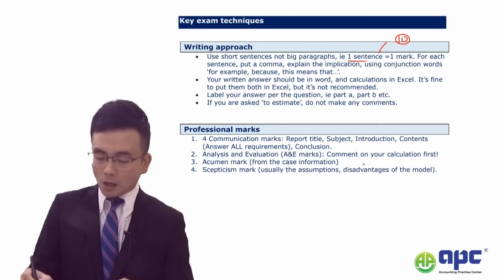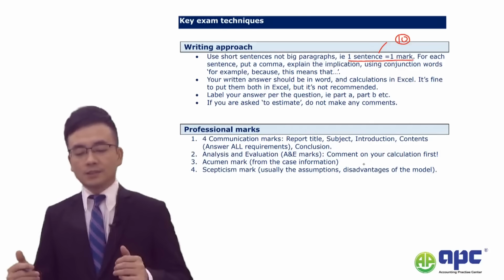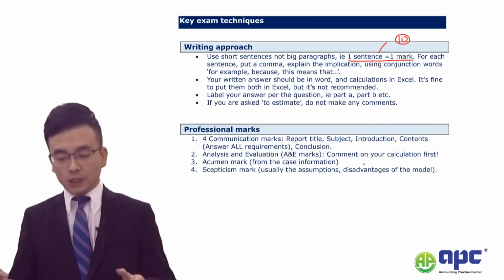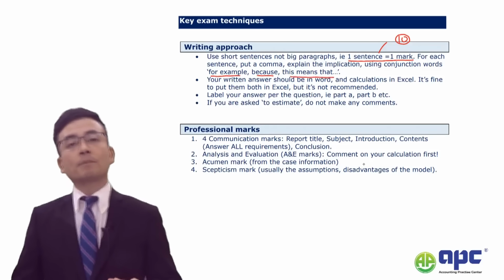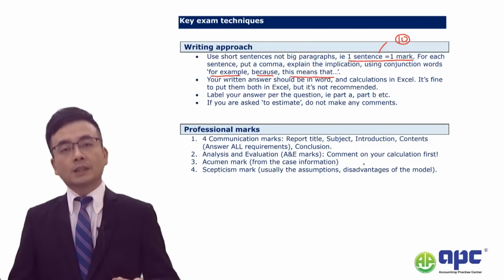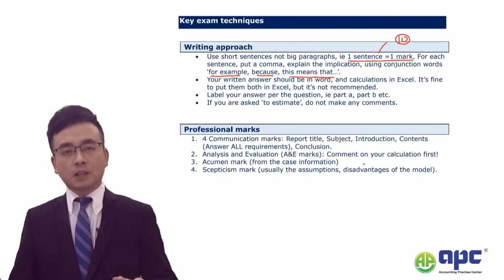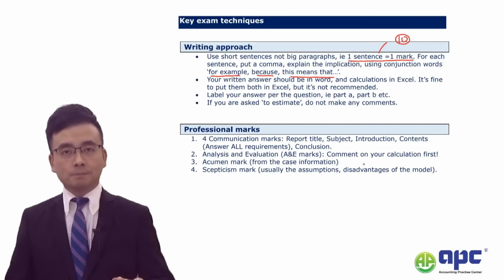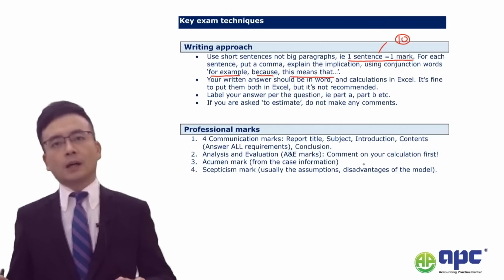Treat 1 mark as equal to 1 sentence. And for each sentence, use conjunction words, for example, because, this means that. Usually a 1-line sentence will be absolutely fine. A 1.5-line sentence would be better. But if you're writing a 2-line sentence, there's no need to do that.